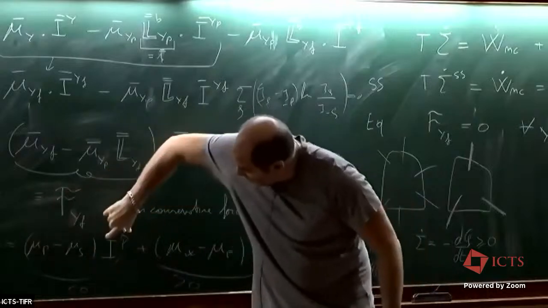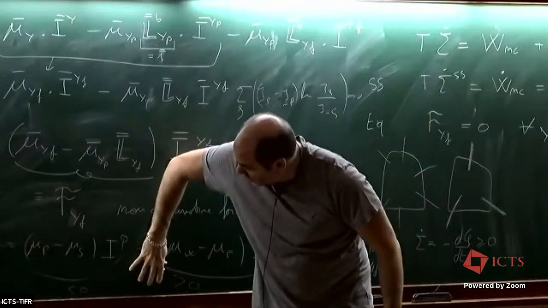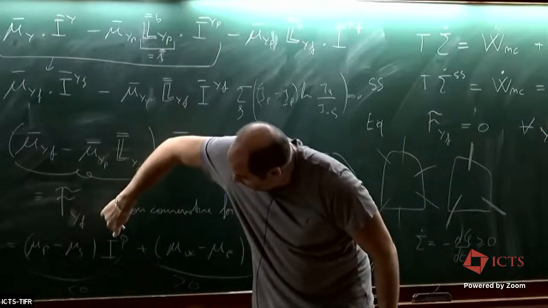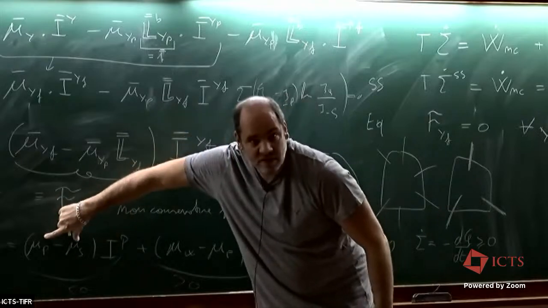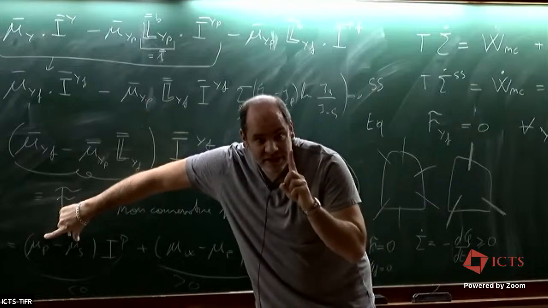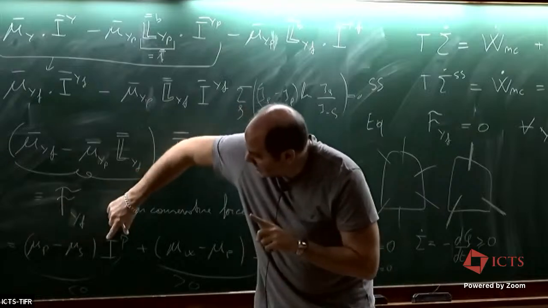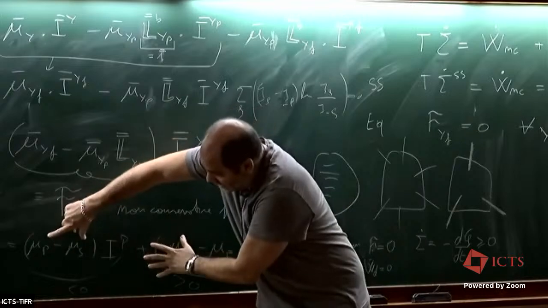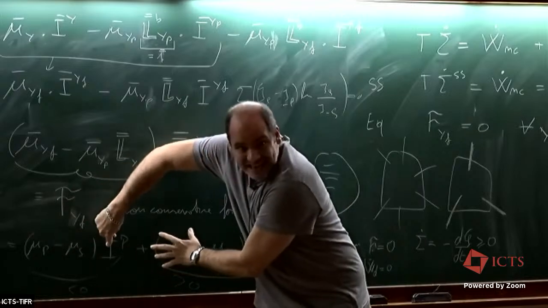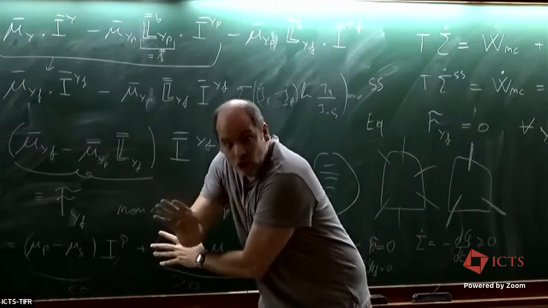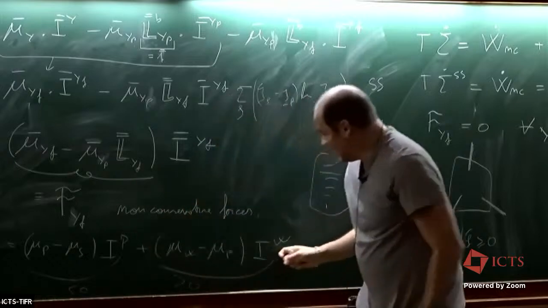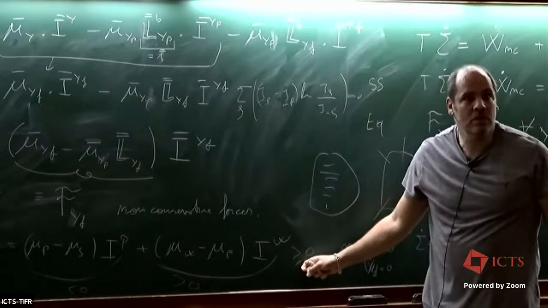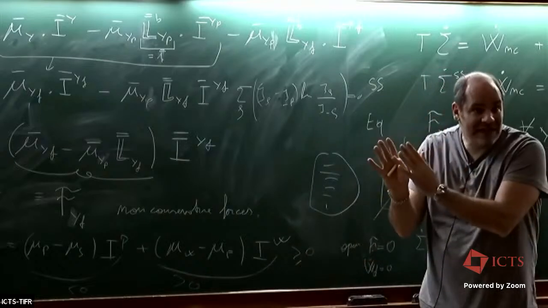So this times this needs to be positive. If this is positive, this has to be positive. If you want this negative, this has to be negative. Now the interesting question is, if this is alone and this is positive but I want this negative, this cannot happen, because otherwise I violate the second law at the level of only that part.